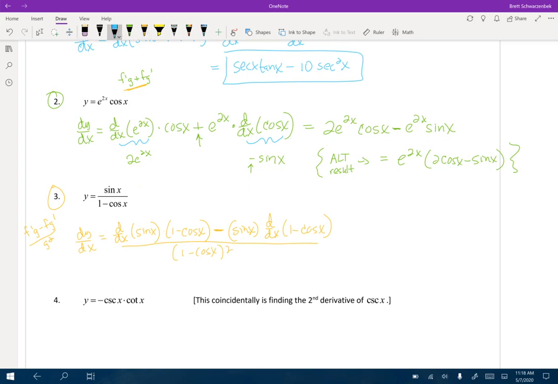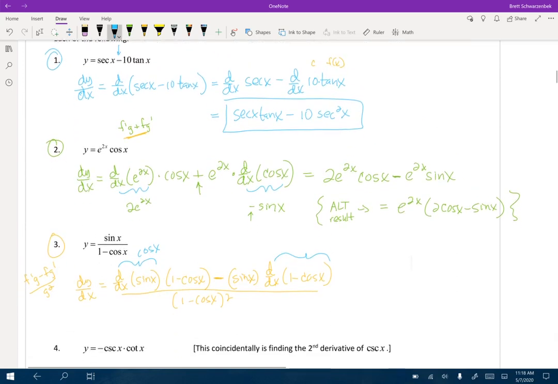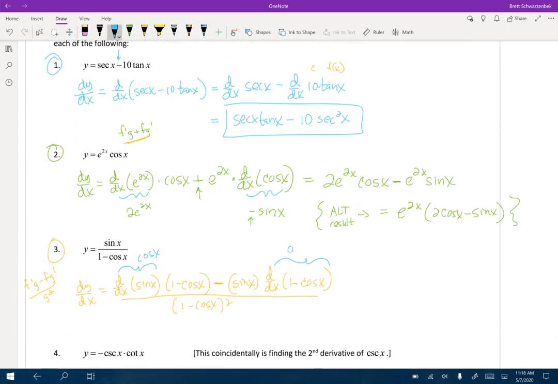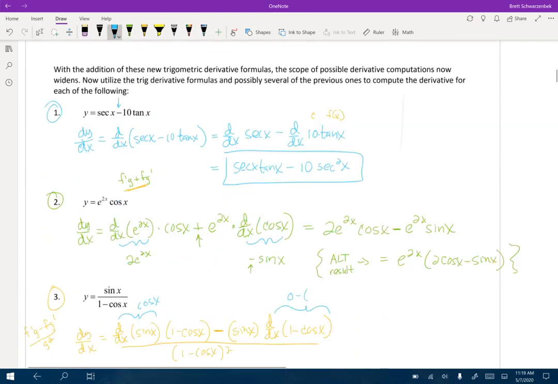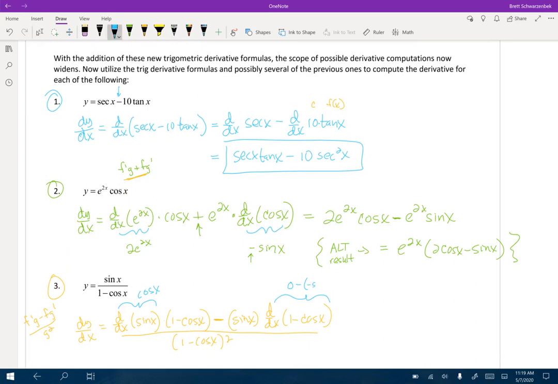So the derivative of sine x is cosine x. The derivative of 1 minus cosine, so be a little careful here. The derivative of 1 is 0 minus, what's the derivative of cosine? So cosine derivative is negative sine x. So if we do that, we're going to get 0 minus a negative sign, which is positive sine.